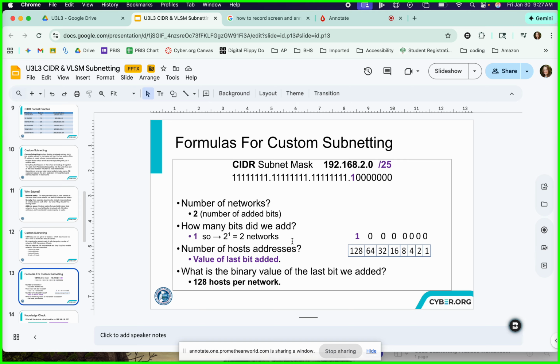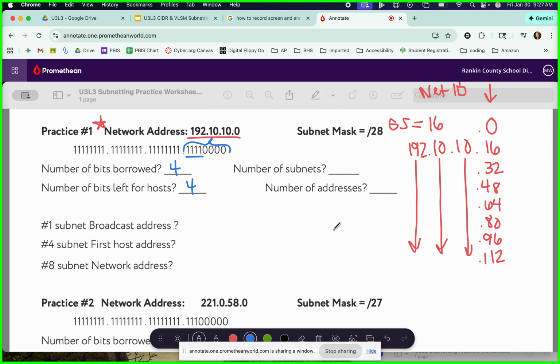It is right here. How many bits did we add? 2 raised to the number that we added. 2 raised to 4. That's a horrible looking 4. That's going to give us 16.